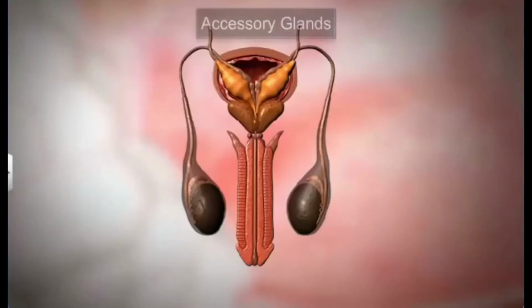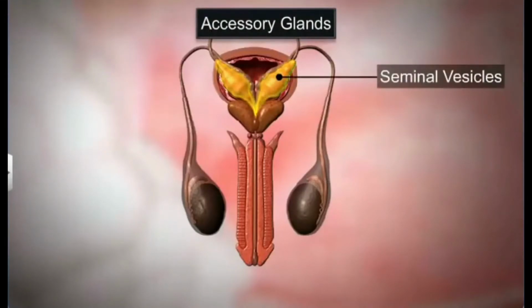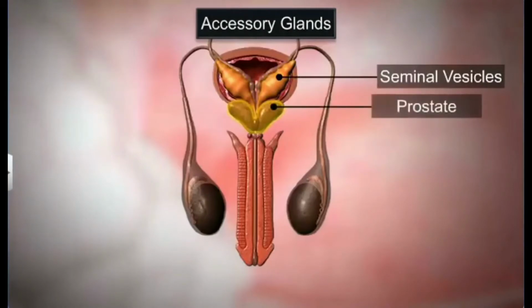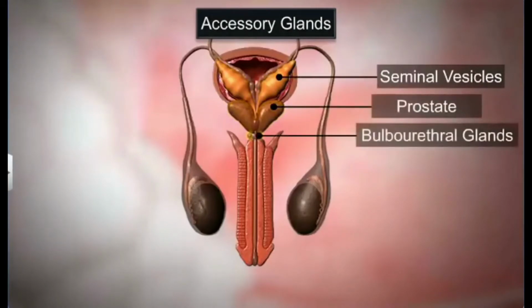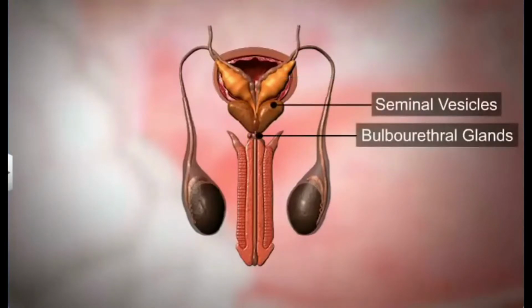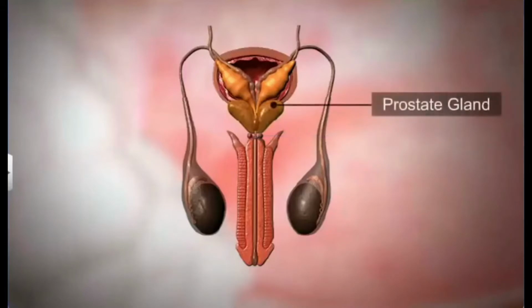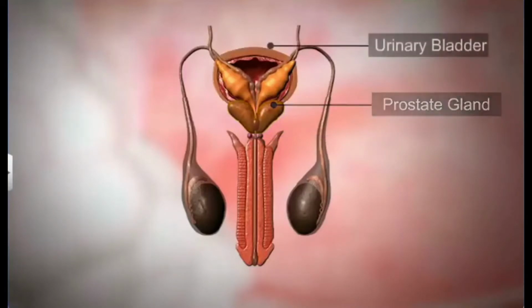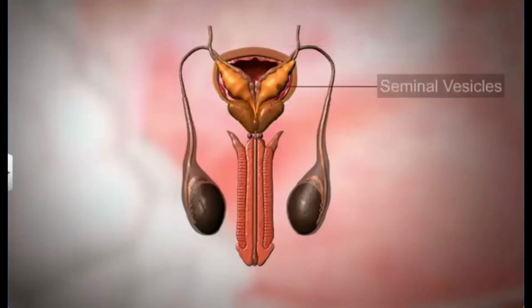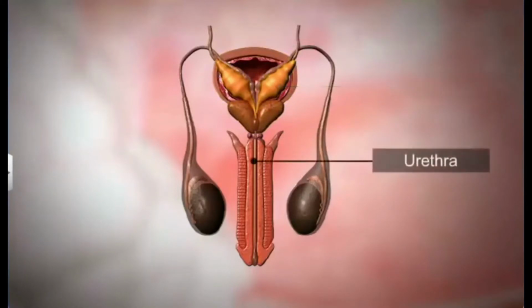The male accessory glands include a pair of seminal vesicles, the prostate, and a pair of bulbourethral glands. They secrete seminal fluid that contains fructose and prostaglandins. The prostate gland is present at the base of the urinary bladder. Around the base of the seminal vesicles, it opens into the urethra through many ducts.